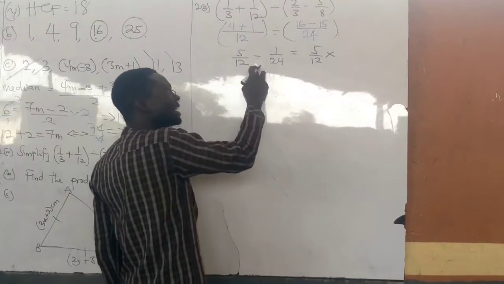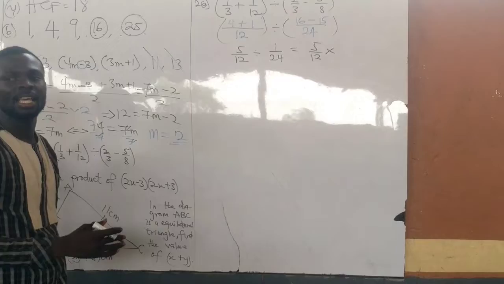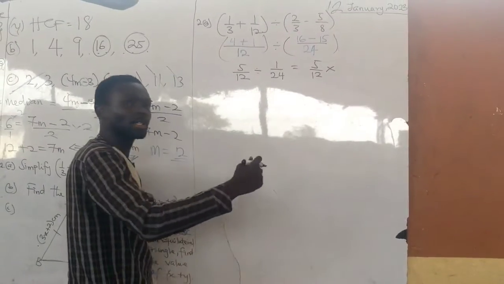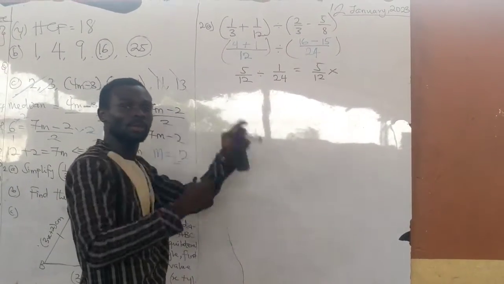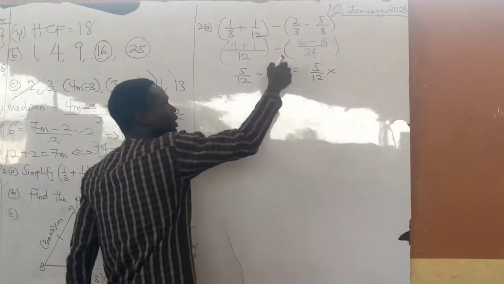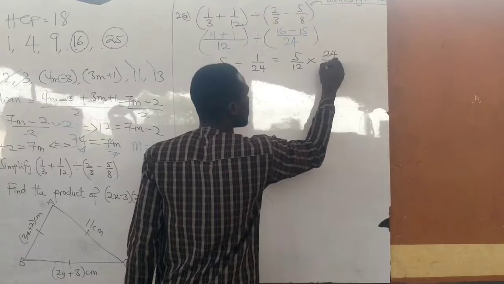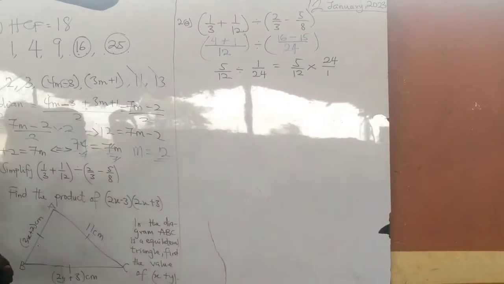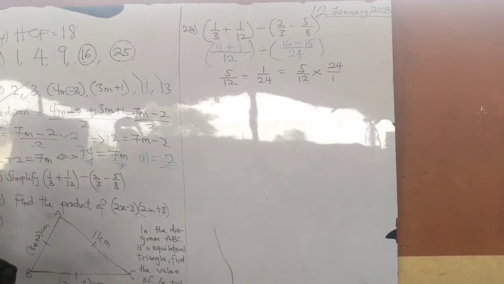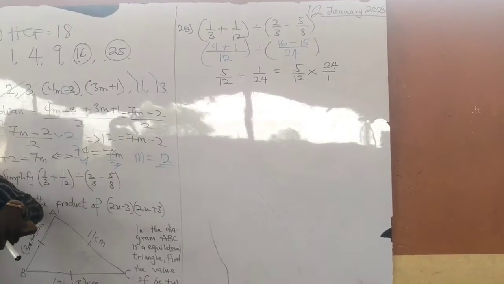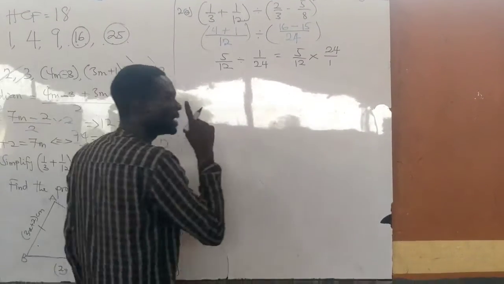The moment we change the division sign to multiplication, the fraction on our right will take its reciprocal, giving you 24 over 1. Then you cancel out if it's possible, or you multiply numerator by numerator, denominator by denominator.